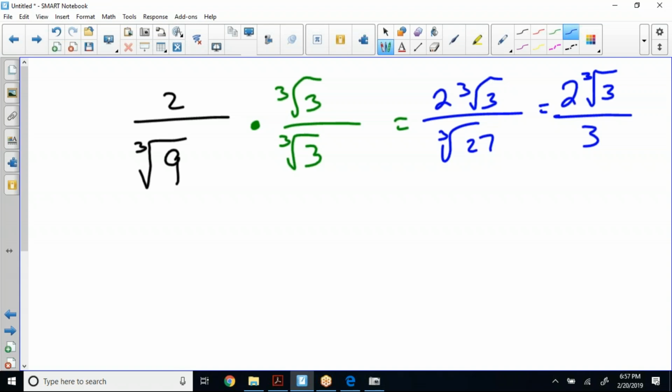I don't think there's one like that, but I'll double check. If that radical's not a perfect cube, what do I need to multiply it by to get it? Because this is what I'm trying to shoot for right here, that 27, because that's a perfect cube.